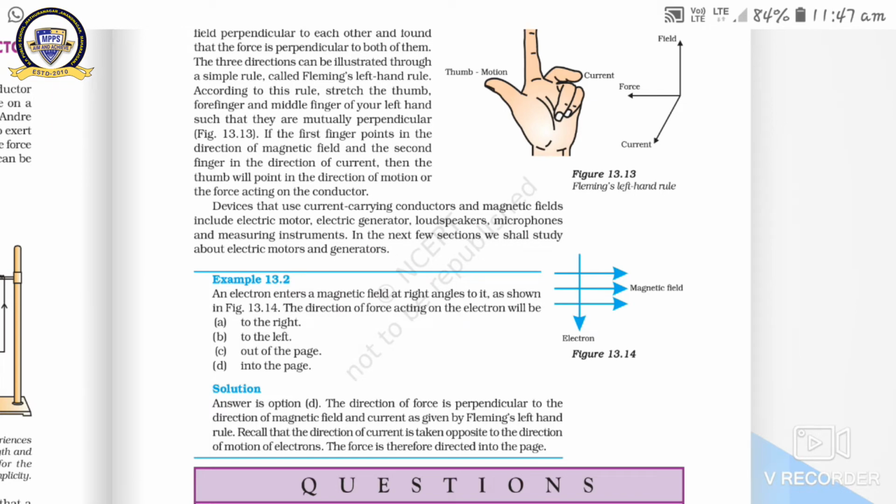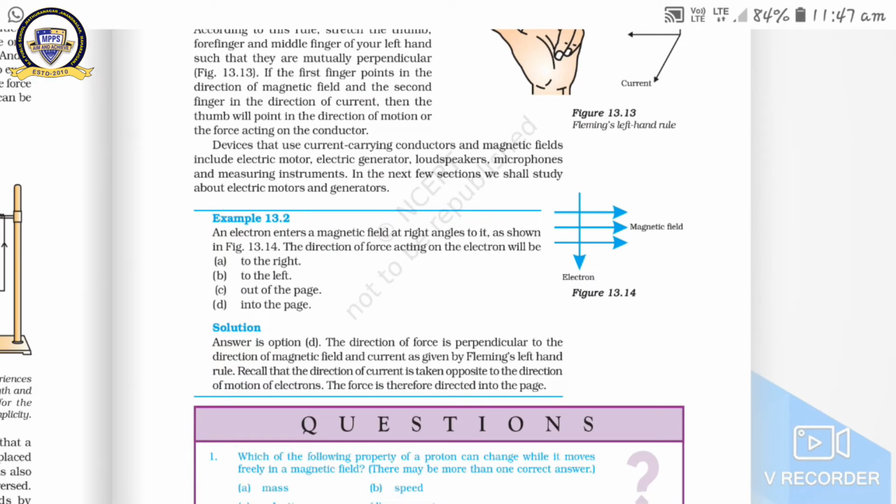Got it? So here, example 13.2. An electron enters a magnetic field at right angles to it, as shown in figure 13.14. Here, figure 13.14 shows the direction of the motion of the electron, which is at right angle to the magnetic field.